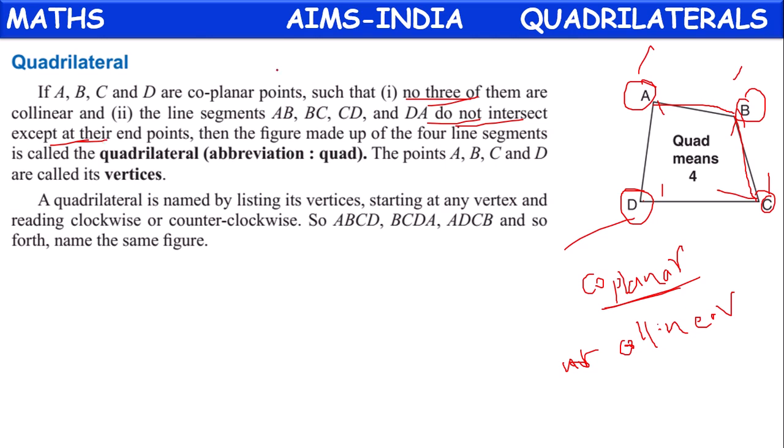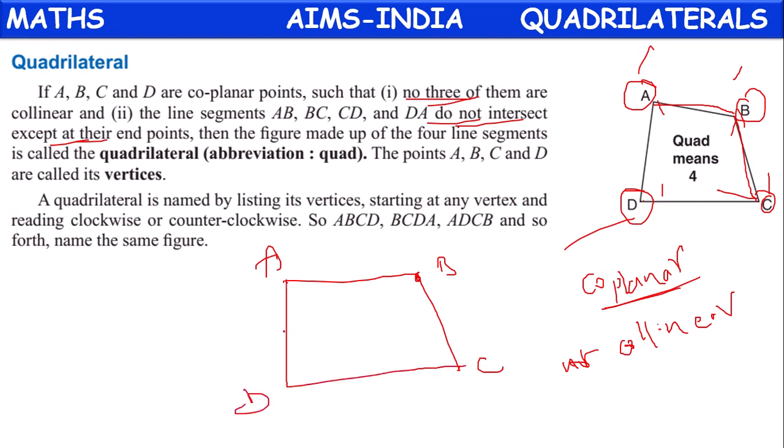You can observe this AB line and BC line intersect at point B, which is an end point of AB and also an end point of CB. And this AD, D is the end point of AD and also the end point of CD. So they are meeting exactly at their end points.